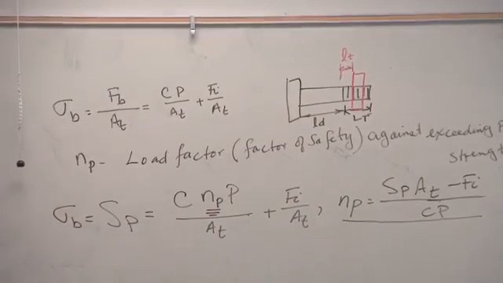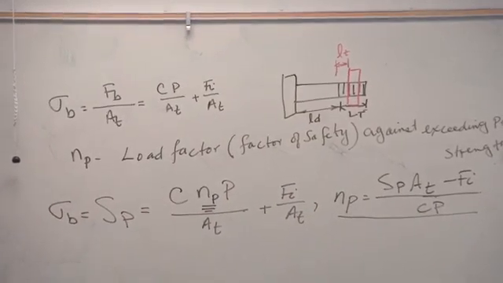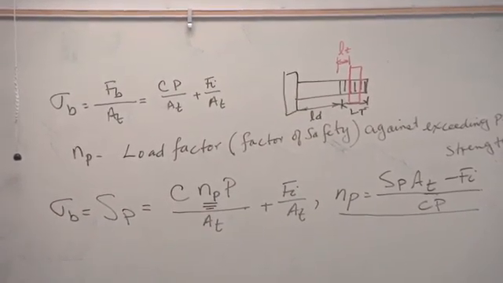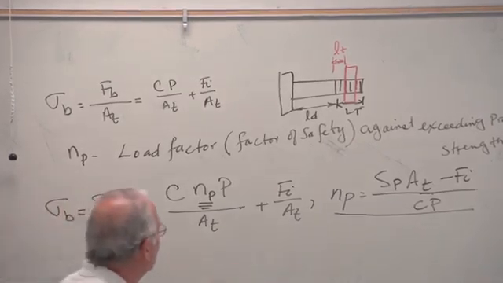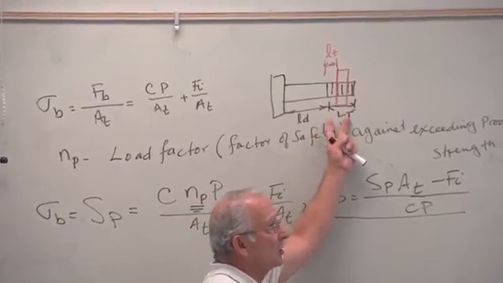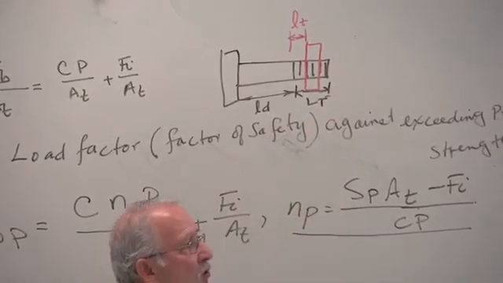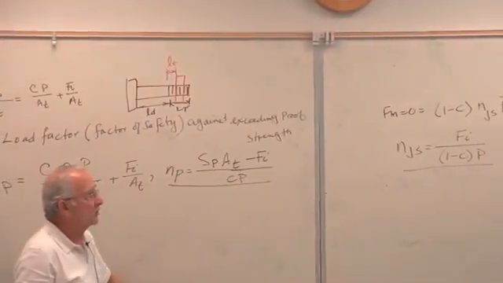We need little lt for the calculation of bolt stiffness. So LT, this big one here, is equal to 2D plus 0.25, comes from the tables that I gave you last time, 1.25 inches. LD is the difference between the length of the bolt, the total length, and LT, 0.5.